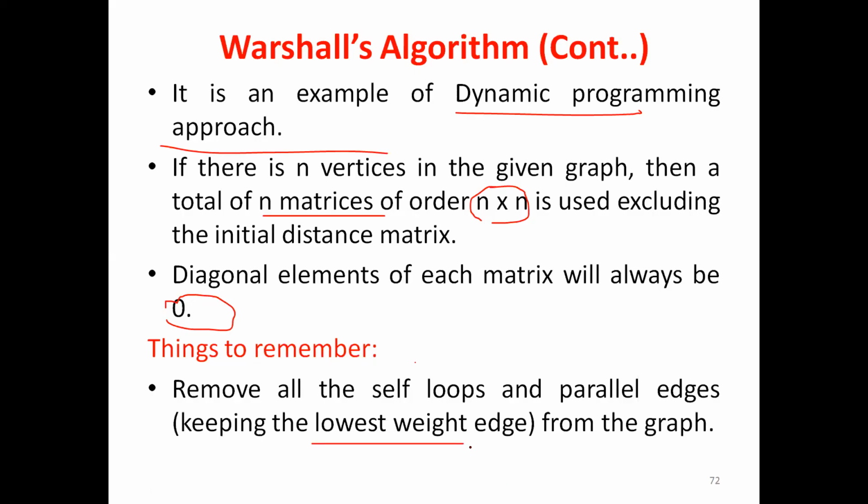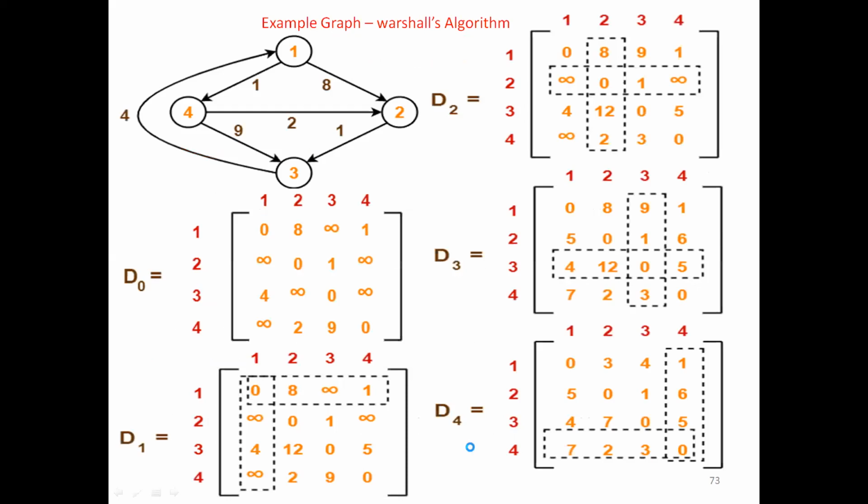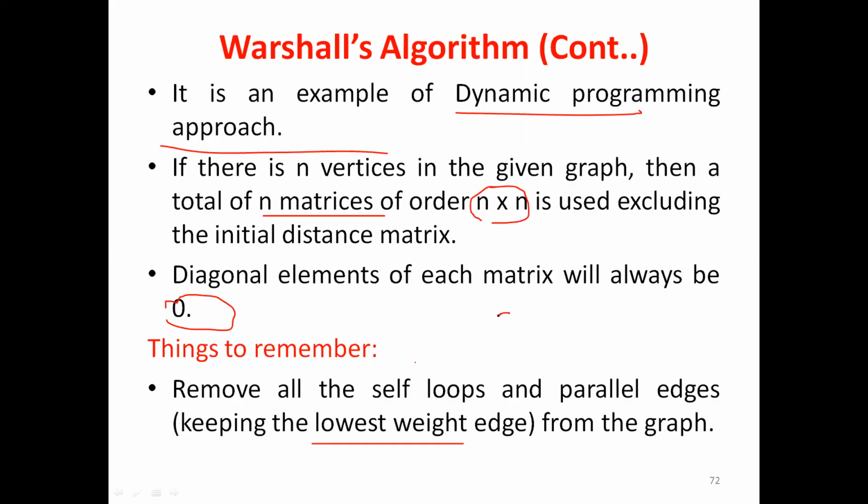I'll show it diagrammatically. For example, there are two nodes, 1 and 2. There is a path with two edges. There can be another way of going like this. The weights are 2 and 3.